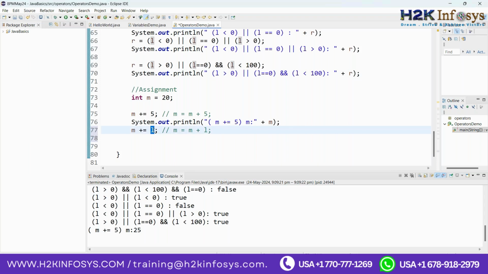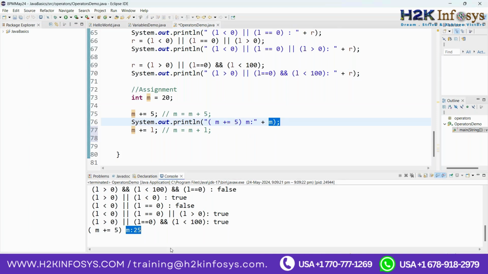Remember, guys, what is the latest m value here? Latest m value is 25. 25 plus 25? 50. Okay. See, you guys are considering the m value as this, correct? But before this statement, m became 25 when we printed here.